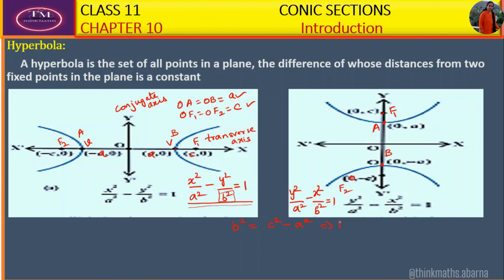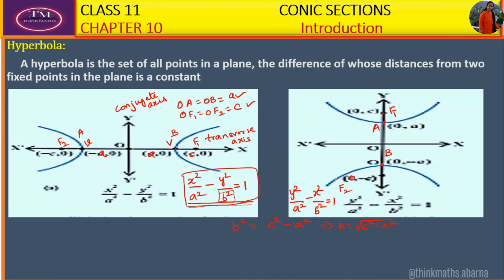So you can get b as square root of c square minus a square. So you have to remember the equation of the hyperbola. When the mouth is wide open on the x-axis, it is x square by a square minus y square by b square equal to 1, where b square equal to c square minus a square.